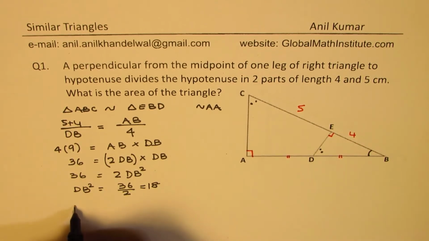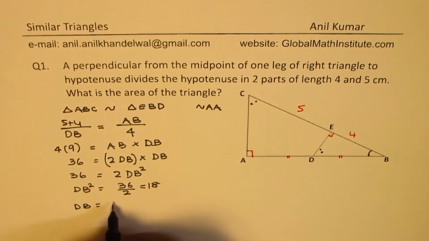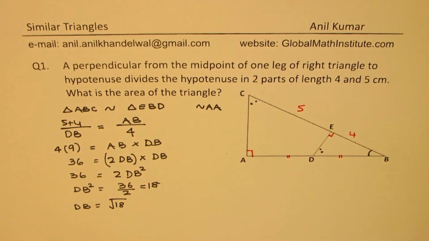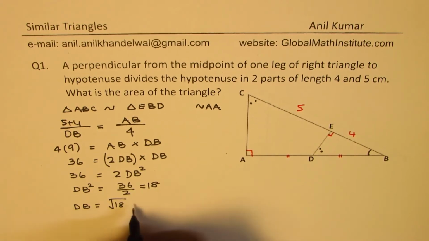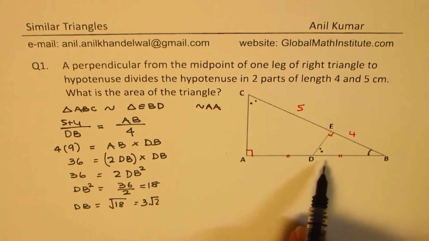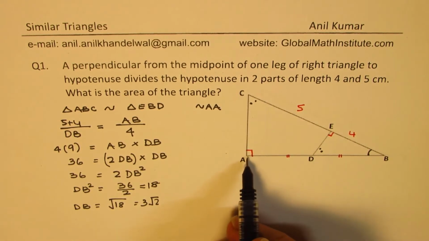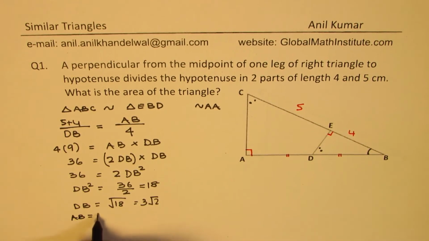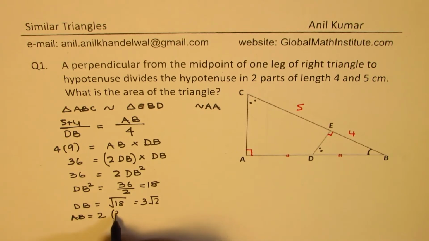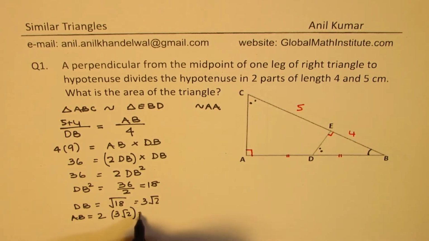So from here we get DB, which is square root 18. You can simplify and write this as square root of 9 times 2, and then 3 square root 2. Now since we know DB, and we know that AB is twice DB, we can write AB as 2 times 3 square root 2, which is 6 square root 2.